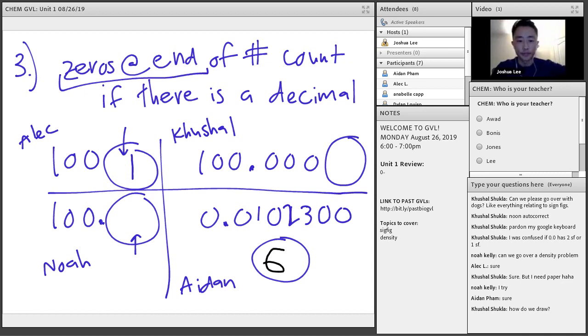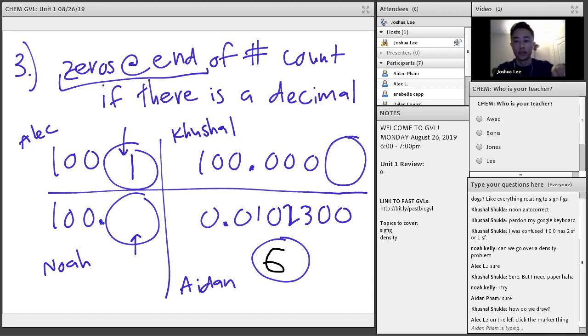How do you draw? I don't know. Aiden's got it. There's like a little tab on the left side of the whiteboard. If you open it, they'll have like colors and all that. Yeah, on the left, click the marker thing. It's the one right below the arrow.